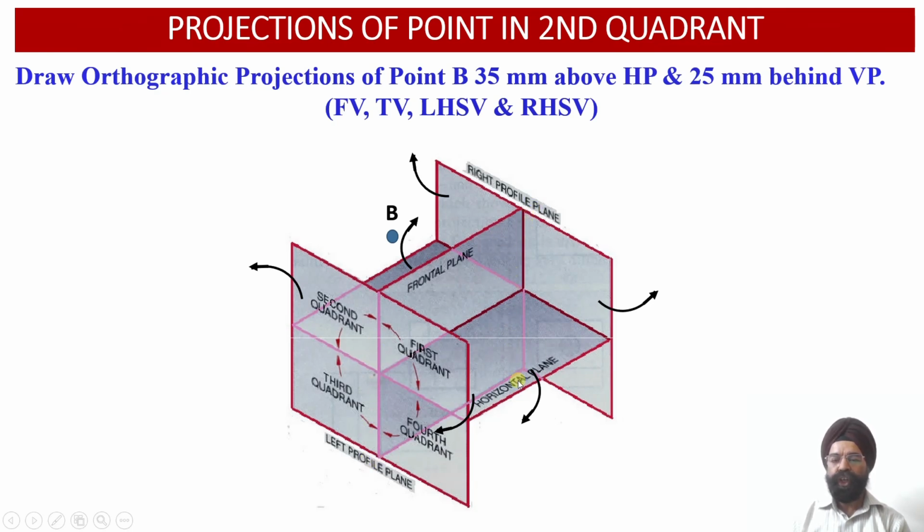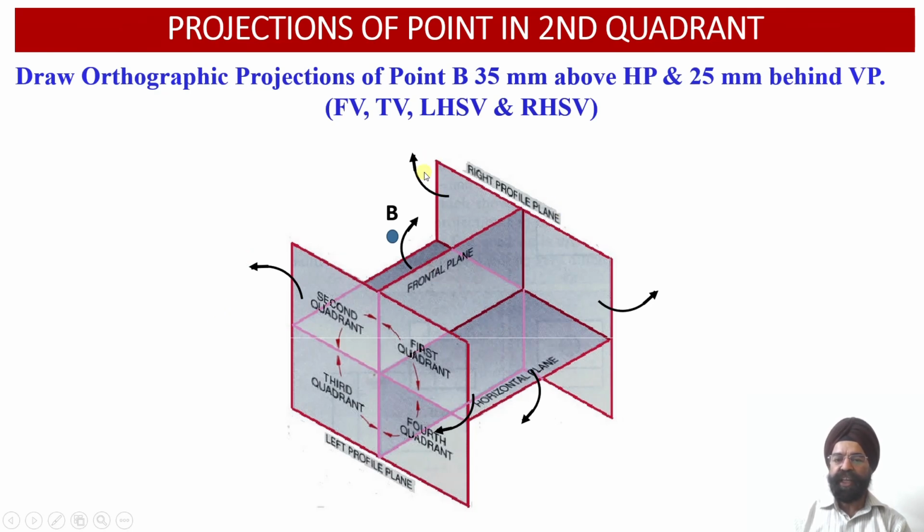Similarly, the portion of this profile plane in front of the vertical plane will be rotated about this hinge towards the right side direction. But this portion of the profile plane which is available behind the vertical plane will also be rotated about this hinge in this orientation towards the left hand side direction.